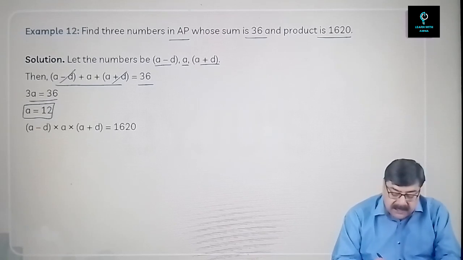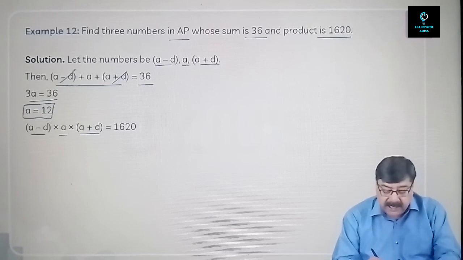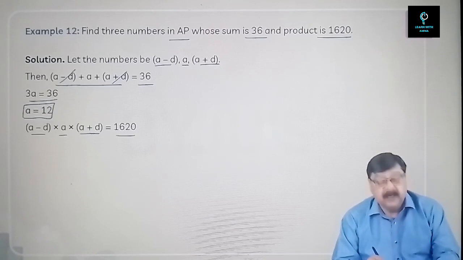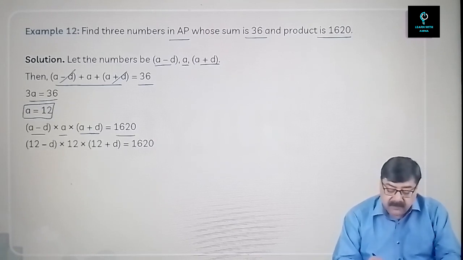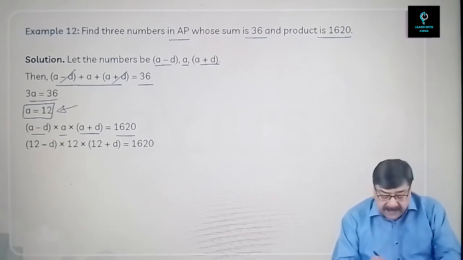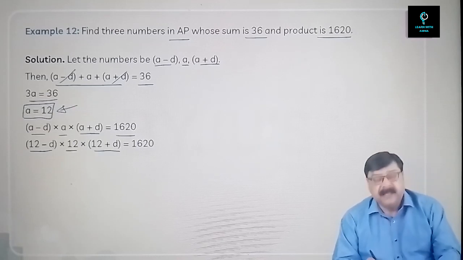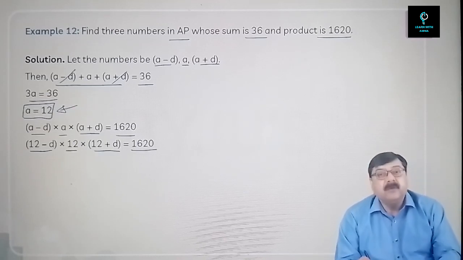Now their product is a minus d into a plus d, which is a square minus d square into a, and that works out to be 1620. But then we have the value for a here. We have already found it out to be 12. So substituting the value of a, we get 12 minus d, 12 and 12 plus d, and that is equal to 1620.